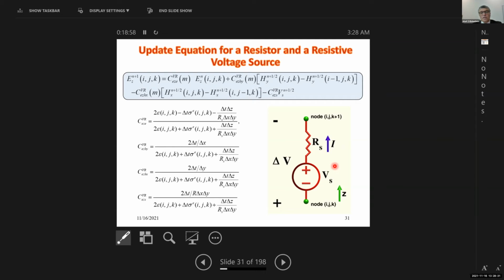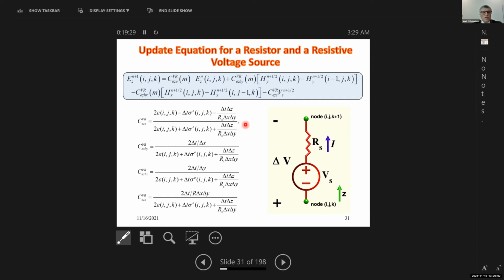That gives us the impressed surface current density. And if you remember, the last term in the updating equation is related to the impressed current density. We go through a similar formulation to end up with an updating equation for the electric field along the nodes between i, j, k and i, j, k plus 1, which is the Ez component, in the same form as we have done before for the Ez component, with coefficients filling the same kind of matrices.